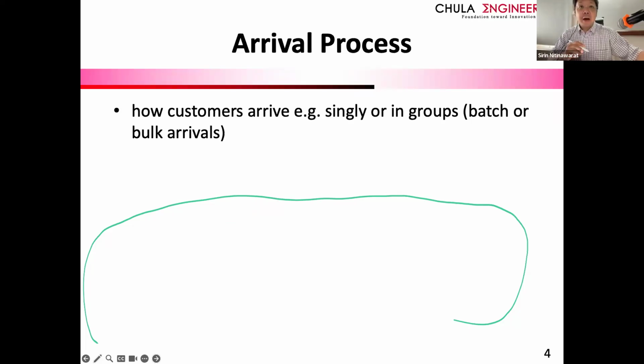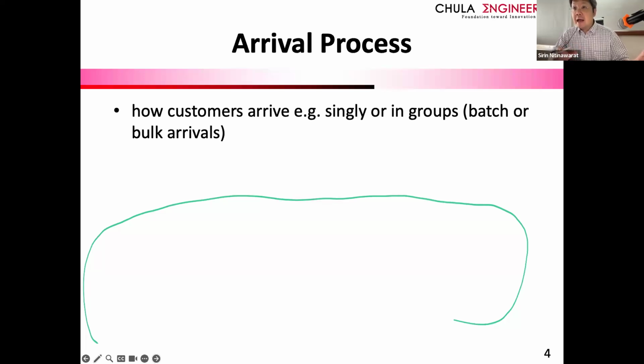The formal term in queuing systems is the specification and determination of the arrival process. The keyword here is process. When we talk about a process, it's not just a variable.